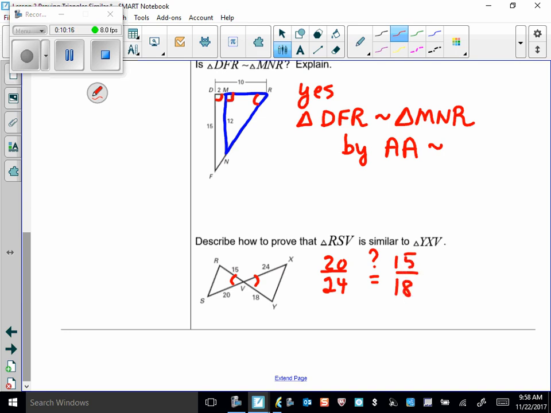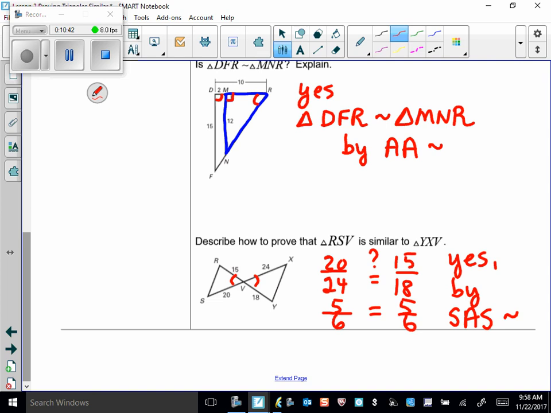Let's simplify those. That'll be 5 over 6, and if I divide 3 into each of these, I get 5 over 6. So yes, they are similar by side, angle, side, similarity theorem. Okay, so that's how you would prove it.